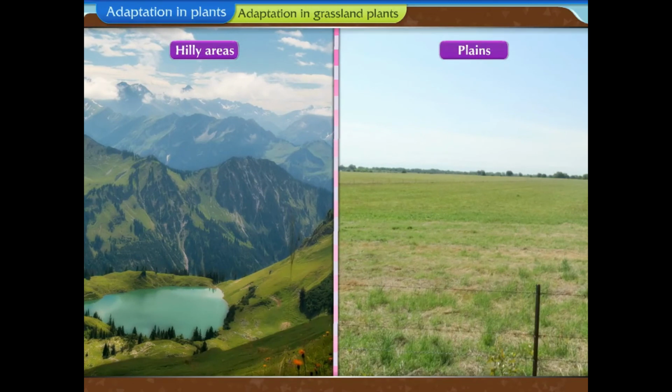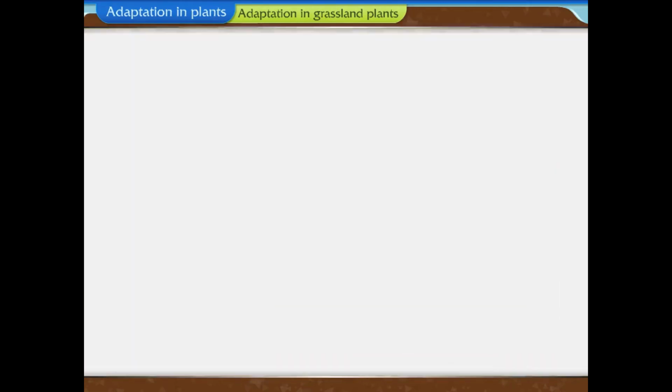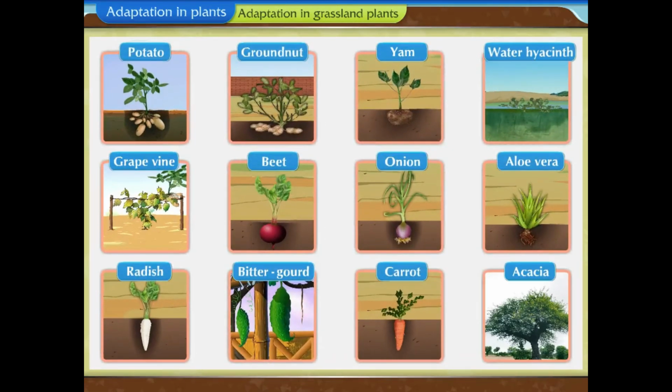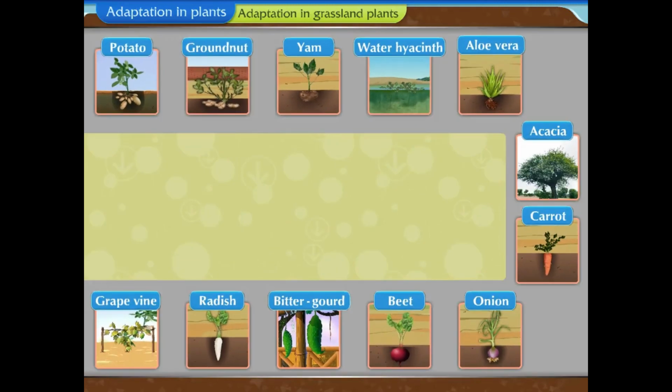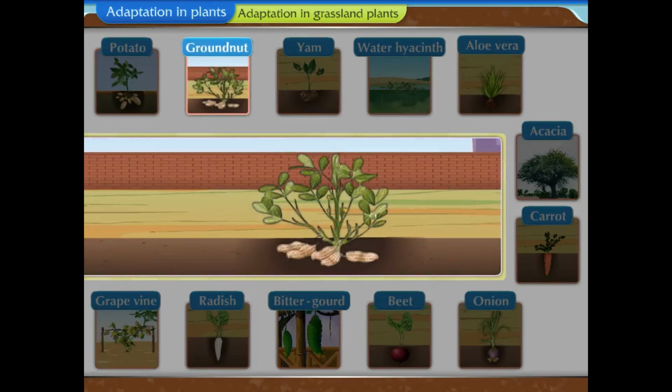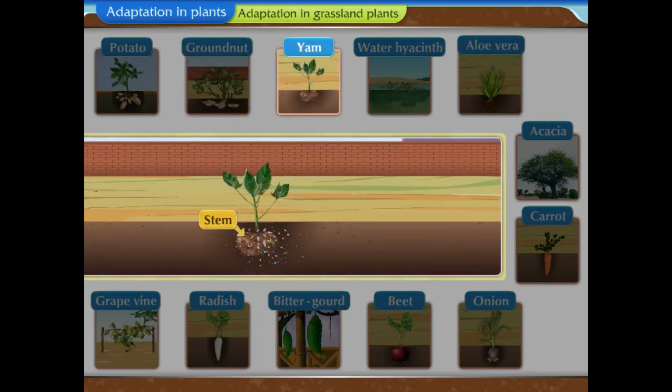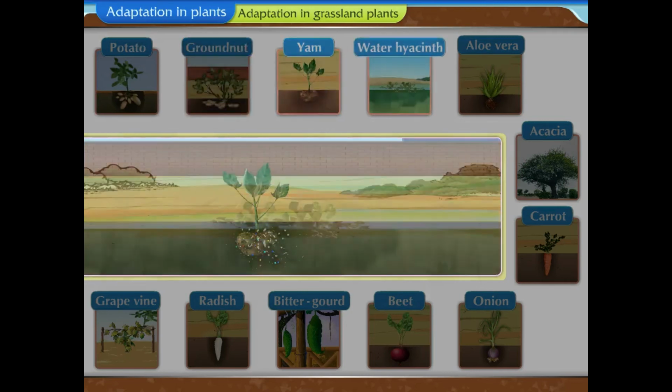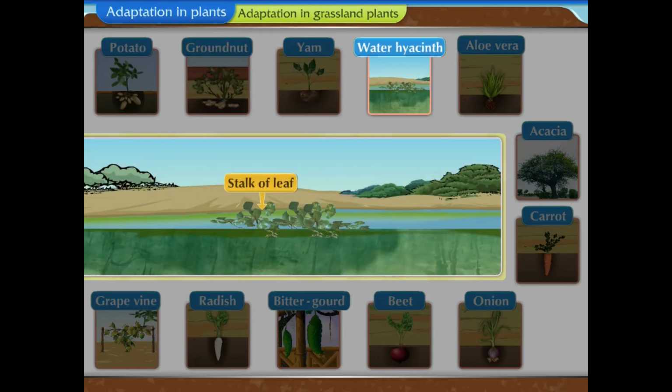Come, now let us move to the next part. Pictures of some plants are shown here. Come, let us quickly see the adaptations in their parts. Potato plant shows adaptation of stem, while groundnut shows adaptation of roots. Adaptation of stem is seen in yam, while adaptation of stalk is seen in water hyacinth.